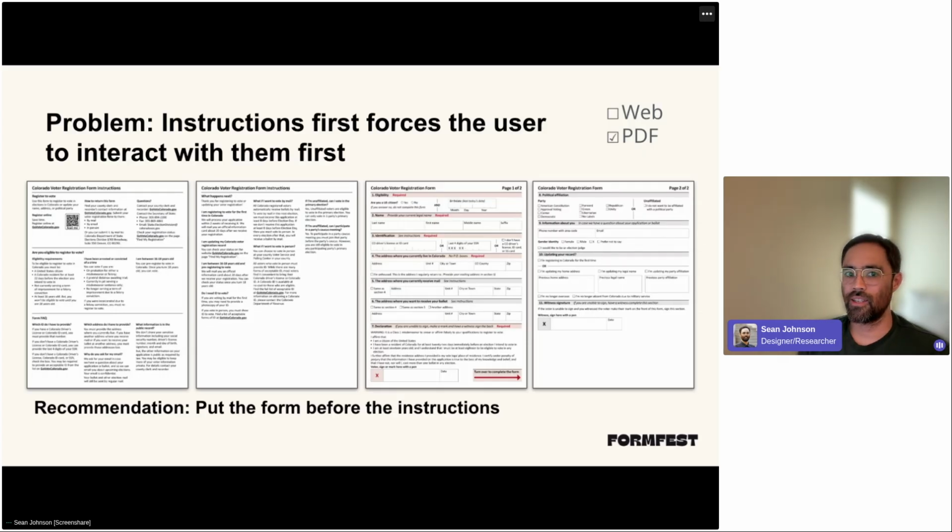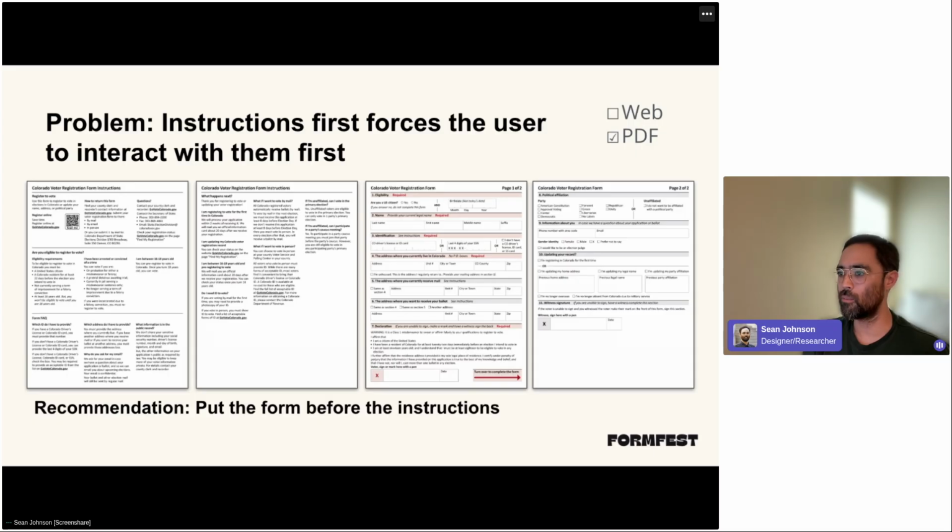This was another interesting thing that we came across. We were putting instructions first because we want people to read the instructions. But if you think back to that list of all of the different strategies, pretty much all of them except forms mode would force you to read the instructions first. We don't want to force anybody to read instructions.